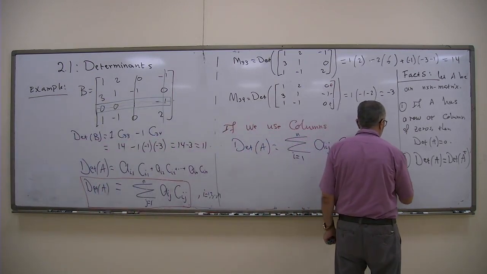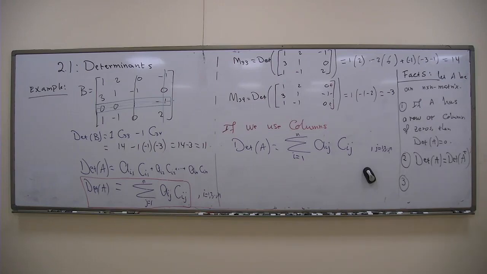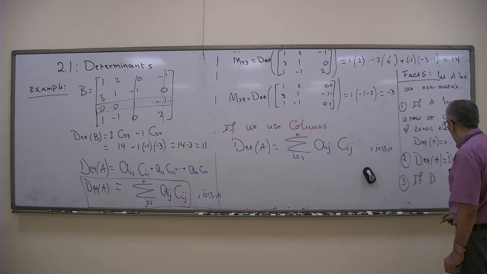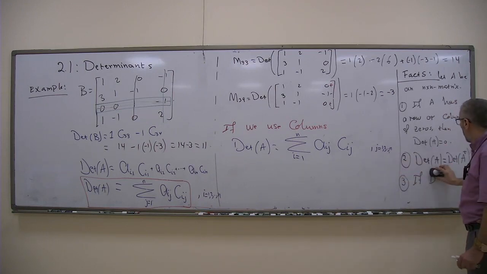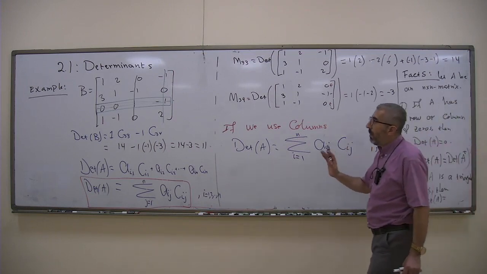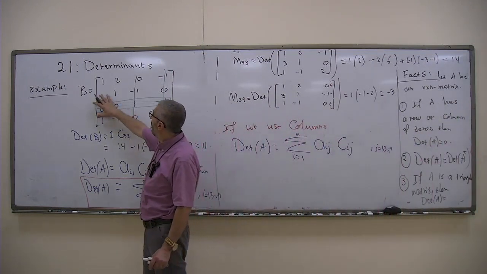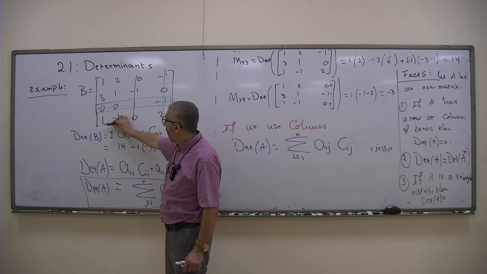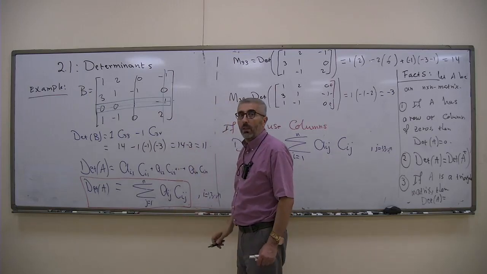Three, if A is a triangular matrix, then the determinant of A is, think about it, if your matrix is triangular, upper or lower triangular, so what happens? Well, you can focus on the row that has more zeros, correct?